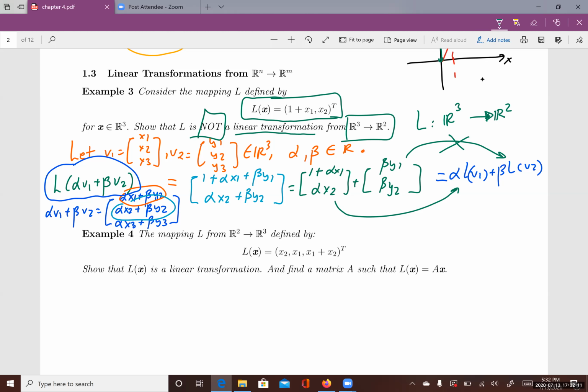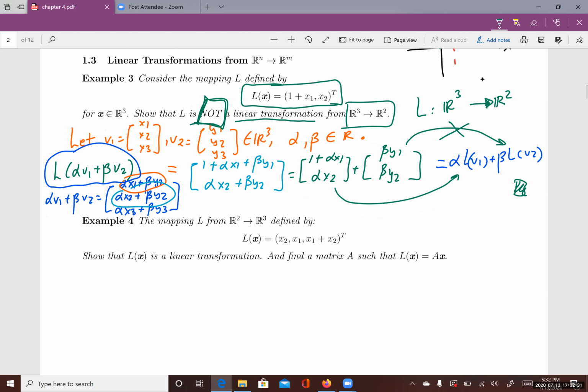That's why this map is not a linear transformation, because I cannot go from the left side to the right-hand side.